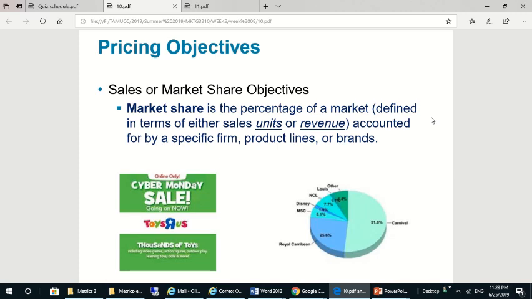How many pairs of shoes, how many cars, how many cases of beer, etc. The second takes into account not the units, but the revenue, the price that consumers pay for your products. So you have to read about how to calculate market share.